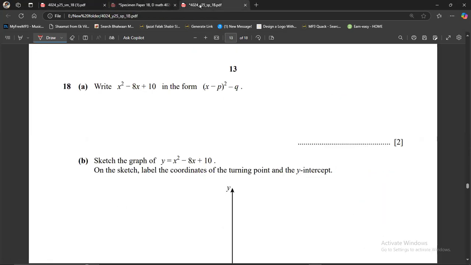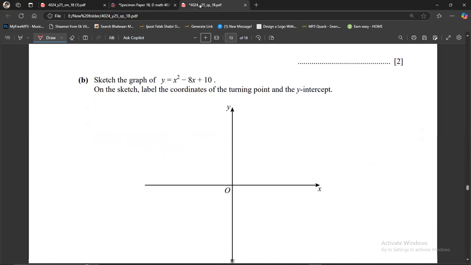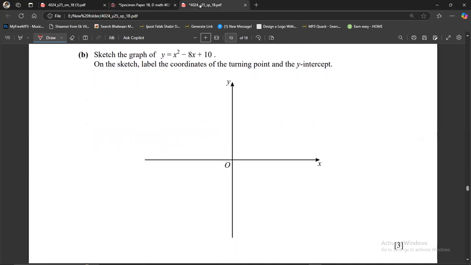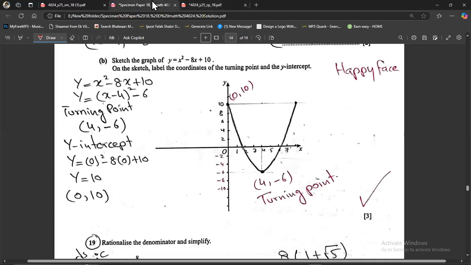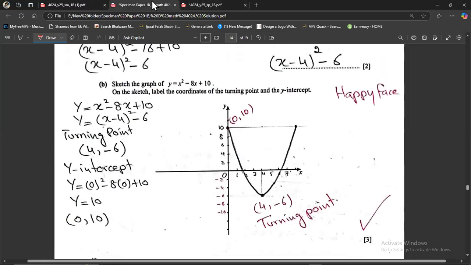Okay. Then the question is sketch the graph of y equals x square minus 8x plus 10. On the sketch, label the coordinates of the turning point and the y-intercept. Because here x square has a positive coefficient, it will be a happy face. And the turning point I can tell because we have just found it.